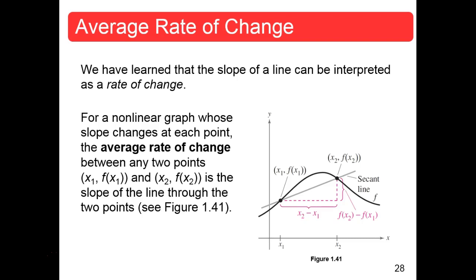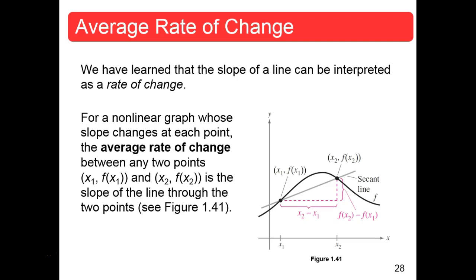We've learned that the slope of a line can be interpreted as a rate of change. If the line's going up, you're speeding up, you're increasing. If the line's going down, you're decreasing. Just like we were just talking about on our functional form. Now for a nonlinear graph, the slope changes at each point. Then you talk about the average rate of change between 2 points.